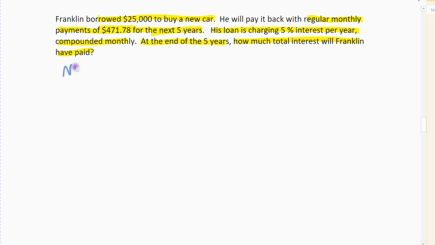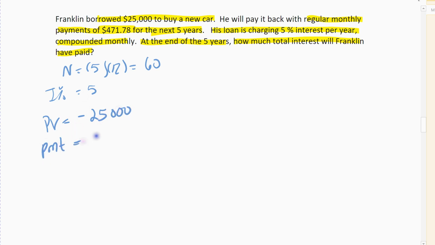N we know is 5 times 12, which would be 60. We know our interest rate is 5%. We know our present value, the amount we borrowed. We know the payments.